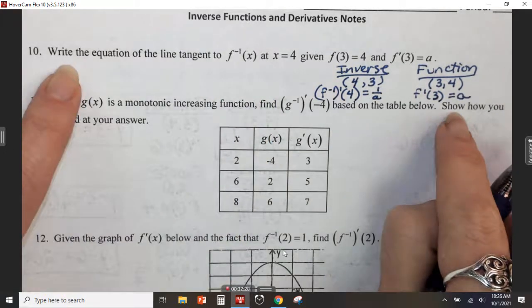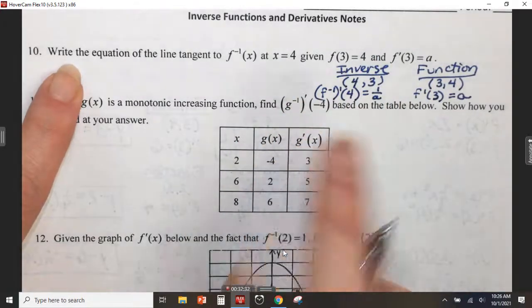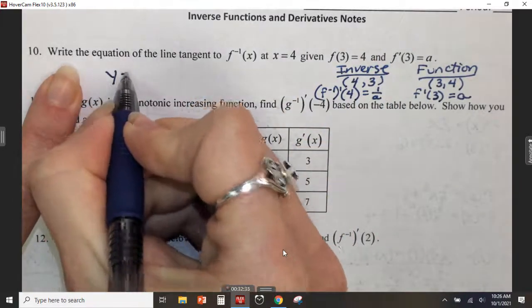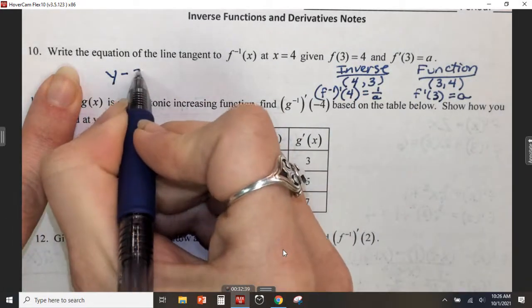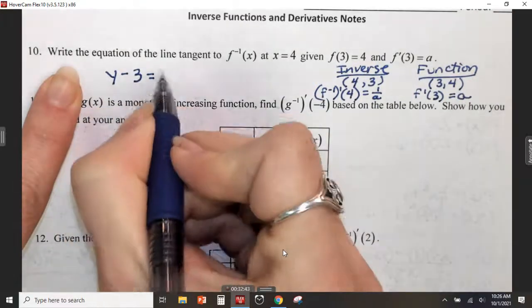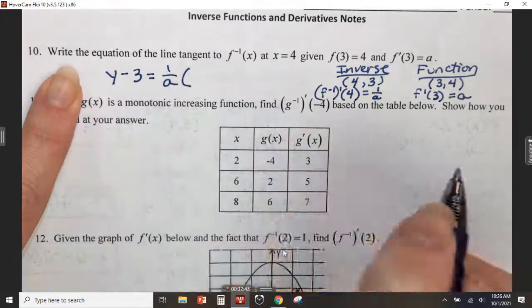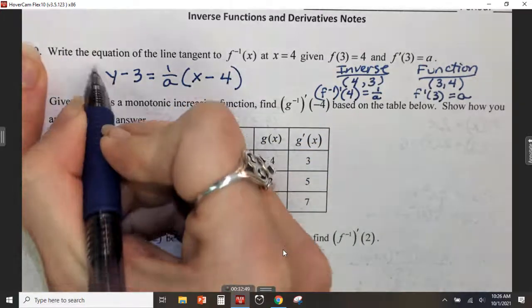Now I have to write the equation of the tangent line on the inverse. So it'll be y minus the y coordinate here, 3, equals the slope, 1 over a, times x minus 4. And that's the answer.